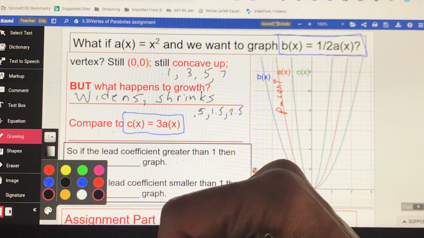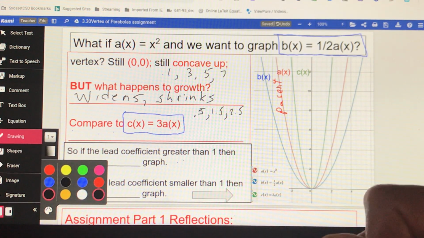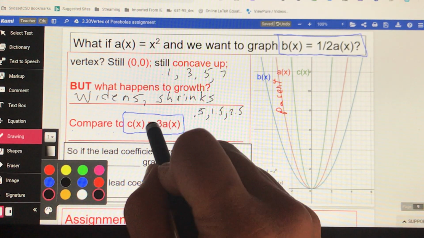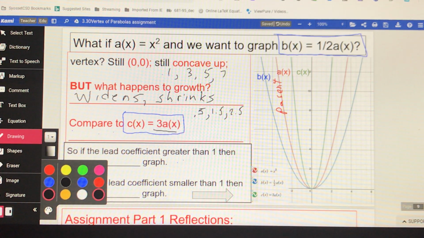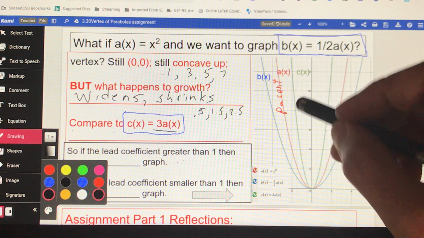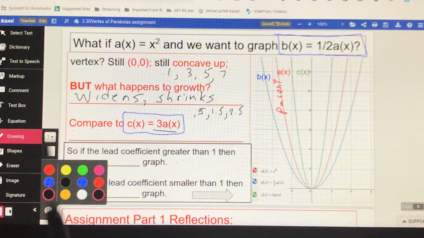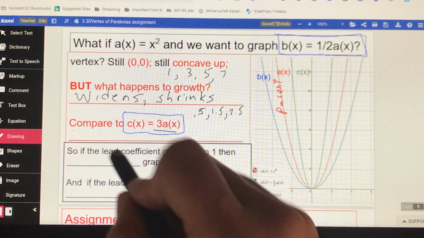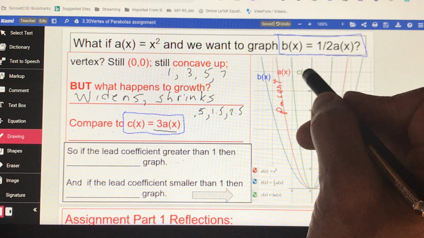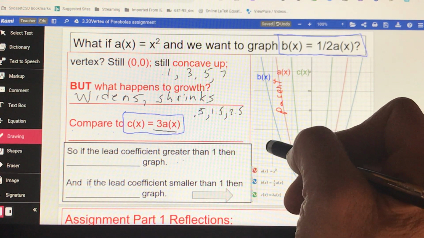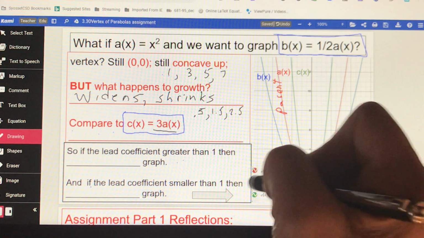Right? Let's compare that to what would happen if I took c of x and actually tripled the parent function. If we tripled the parent function, we would get c of x, which would actually be narrower. So c of x is the narrowest, the parent function is in the middle, b of x is the widest.